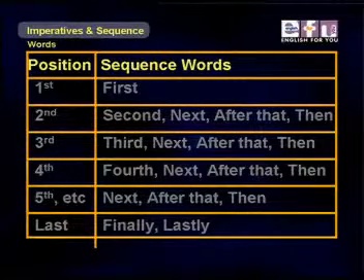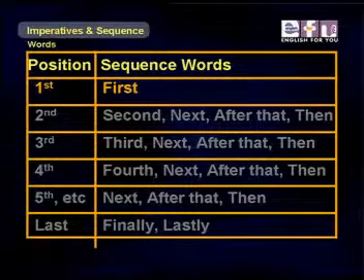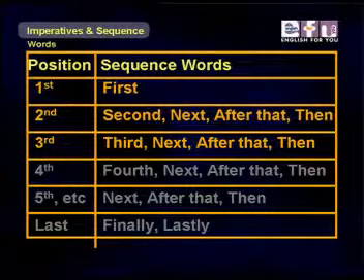Okay, the instruction in the first position, we use first. For the instruction that follows, we can say second, next, after that, or then. For the third instruction, we can say third, or again, we can say next, after that, or then.